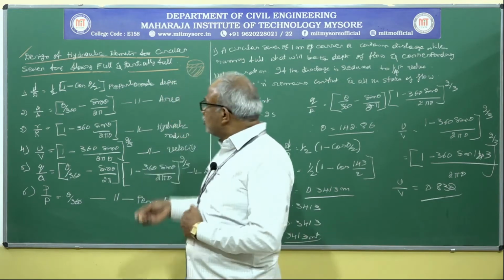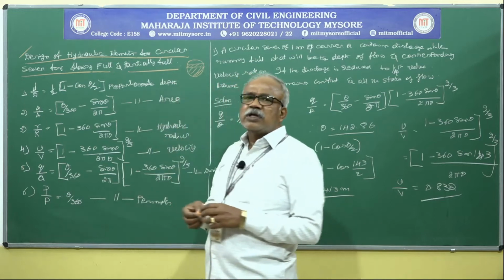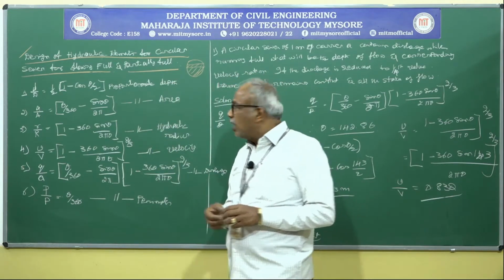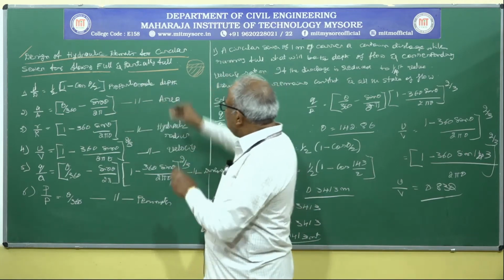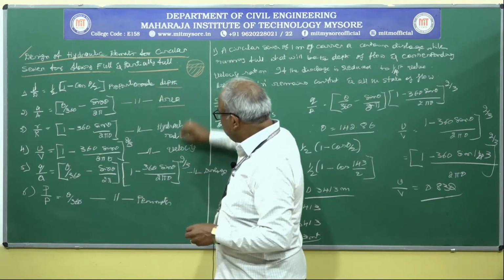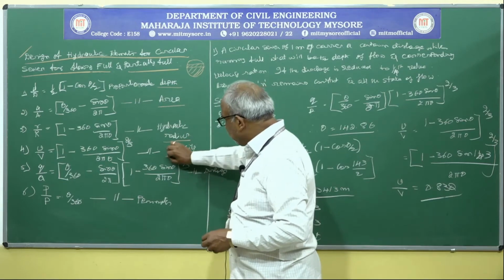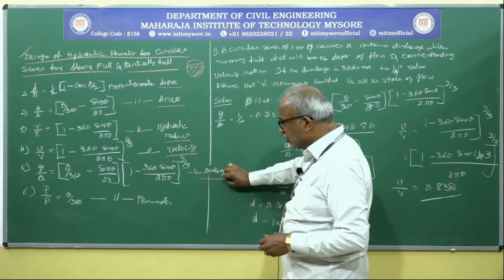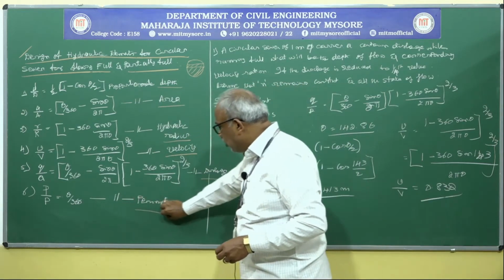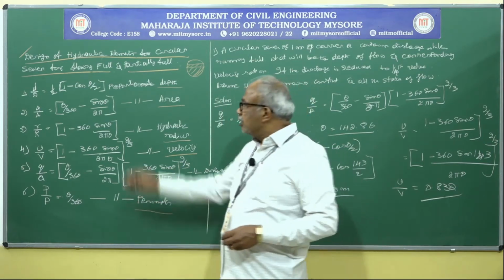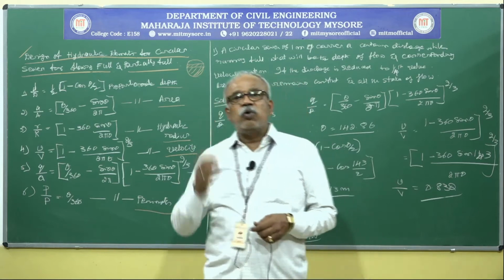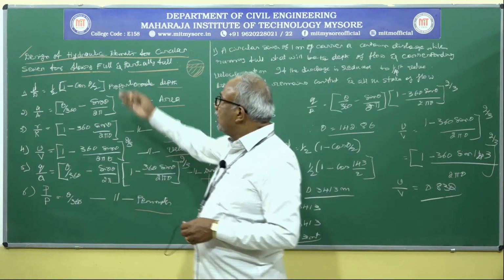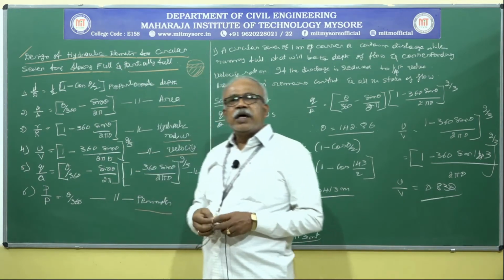So these are all the standard formulas available to calculate either depth, area, radius, velocity, discharge, or perimeter. These 6 formulas should be thoroughly known while designing these hydraulic elements.